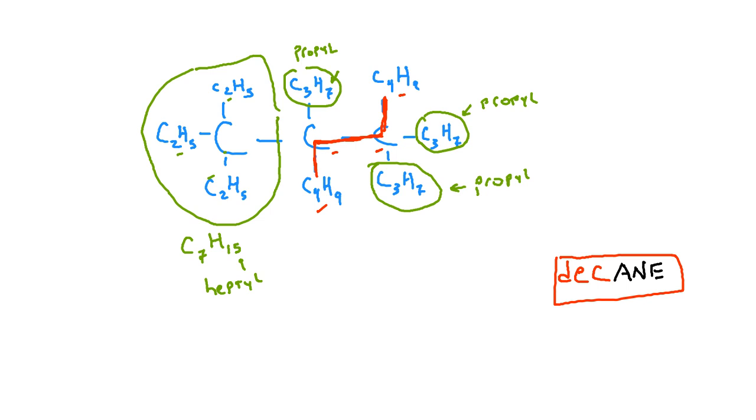Heptyl and propyl. So we have to list these alphabetically, right? Heptyl comes first. So the question is, do we count from the bottom to the top or top to the bottom? Let me do bottom to top first.